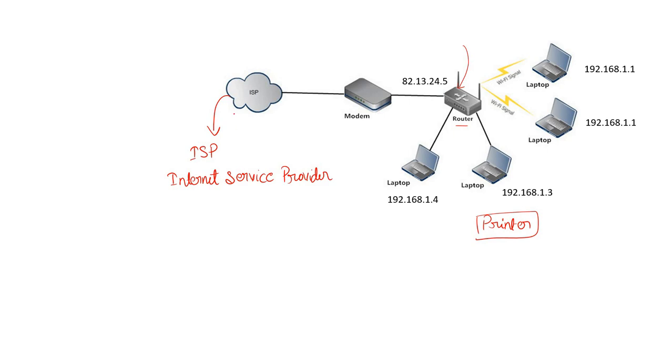If we talk about India, there are multiple ISPs like Airtel, Jio, Vodafone, and so many. If you want to talk about the US, they have AT&T or Verizon. So such types of service providers are there.